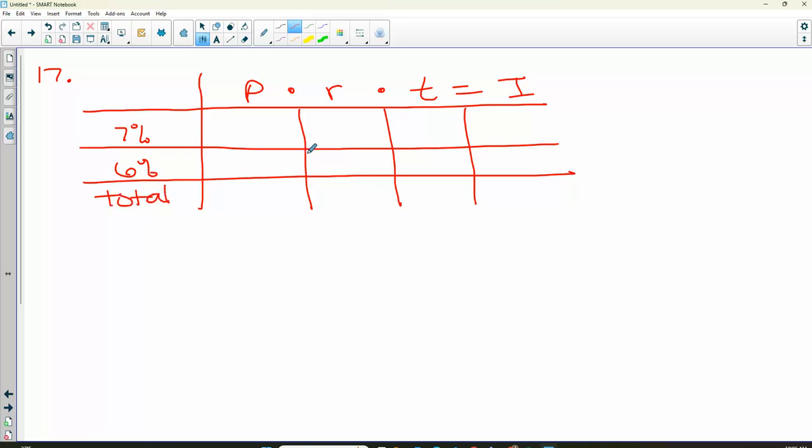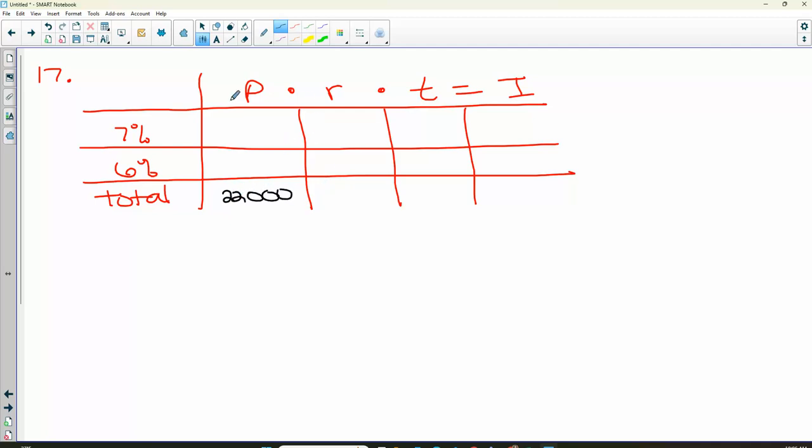Now we have to figure out where our numbers go in this. So he invests $22,000. What is that number? Where would I put the 22,000? Well, it's what I have all together, so that's my total principal, what we start with.